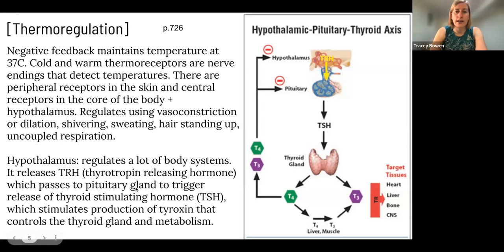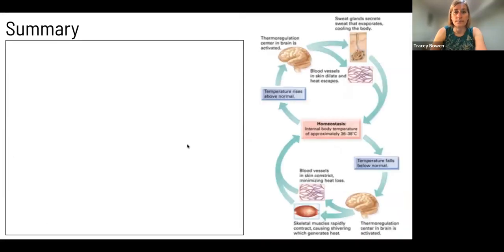The pituitary gland will then signal using the hormone thyroid stimulating hormone, which then produces thyroxine from the thyroid gland, and the thyroid gland maintains metabolism. So that's going to look like, how is your body staying warm? And additionally, how much energy is being used and how much digestion is happening.